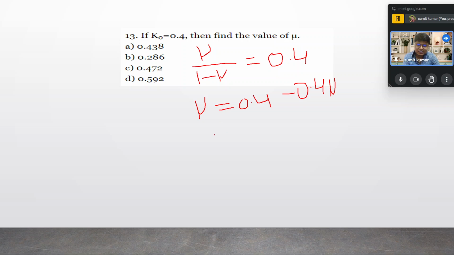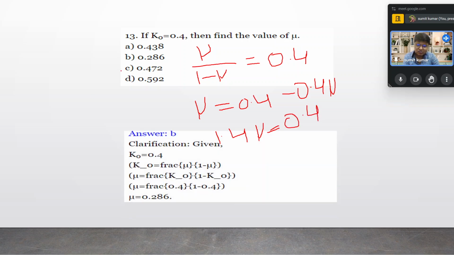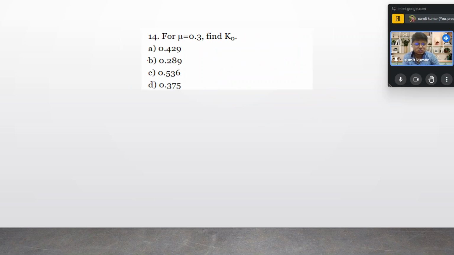And so 1.4 mu equals 0.4, and when you calculate the value of mu, you will get 0.286 as the correct answer, right? This much calculation you can do, and it is also mentioned in the solution.